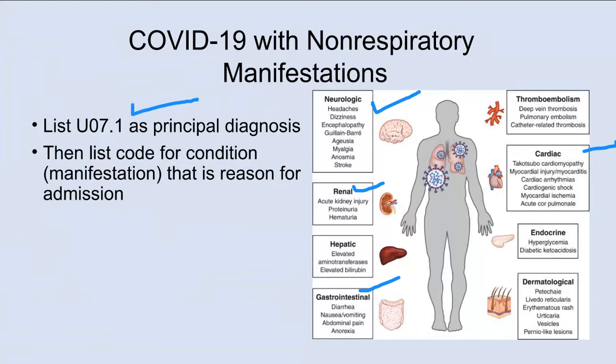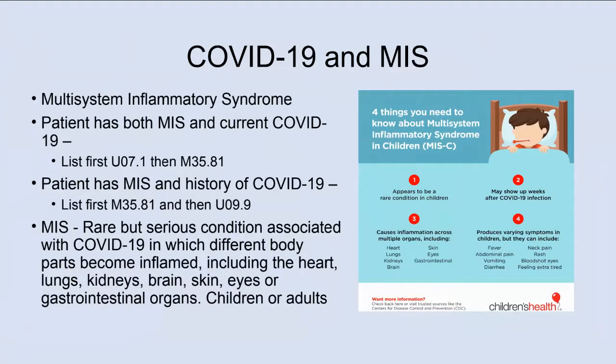So the real question in here is, should it be reported separately or not? If it's non-respiratory, definitely. If it's respiratory, look at that list that gives you conditions. And is it a symptom or is it an actual condition? That's what the difference is.